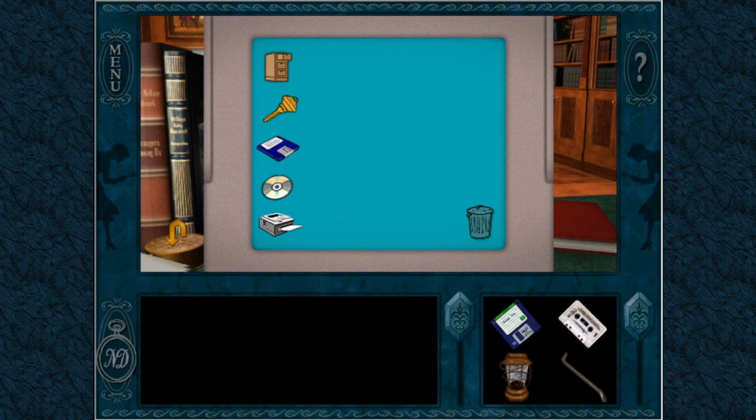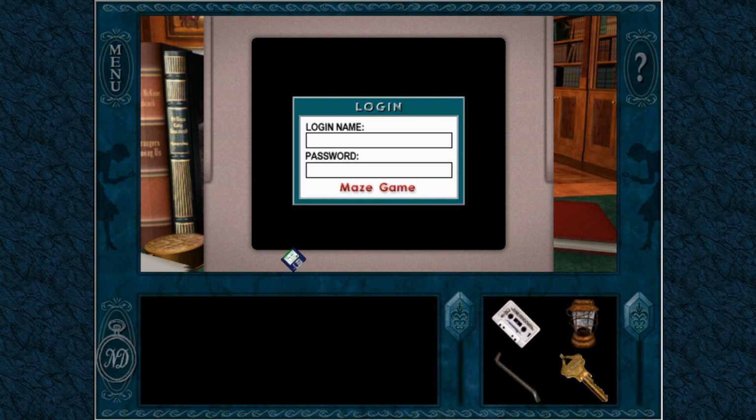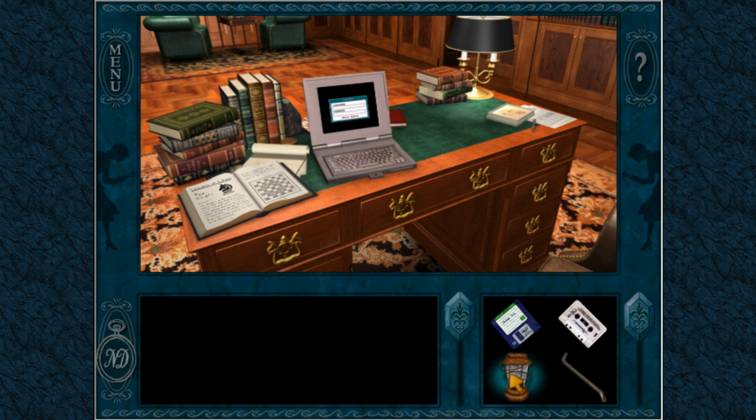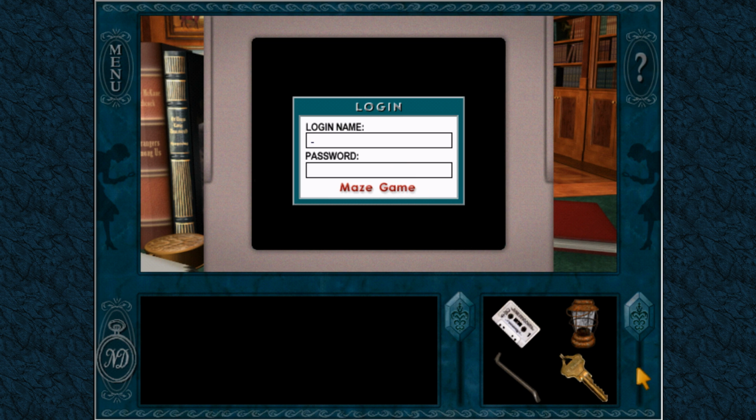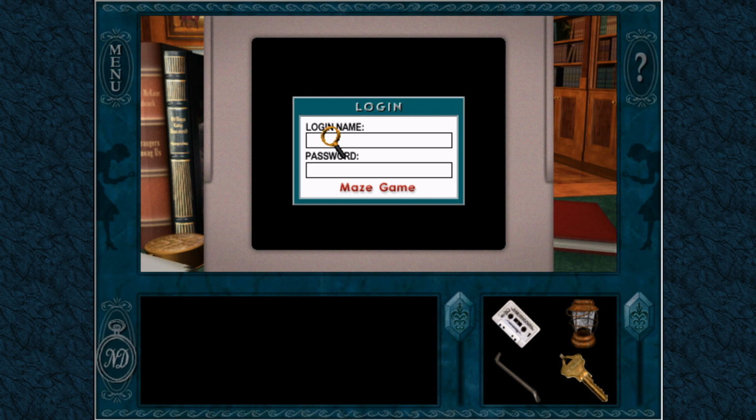Let's see, can we back away for a minute? Back away from the laptop and put the blue disc in inventory in the slot on the lower right. Okay. I guess I put it in there.